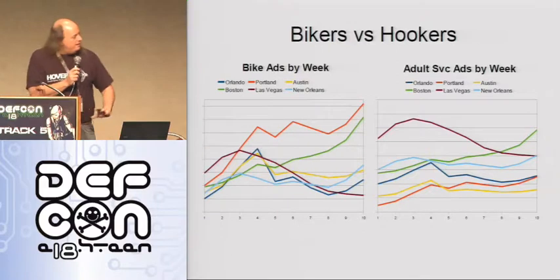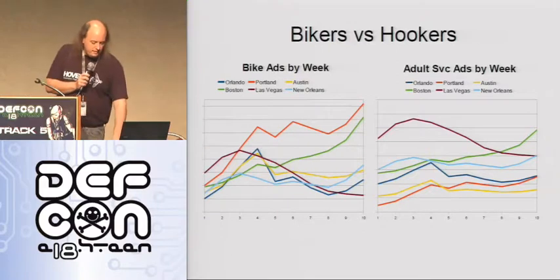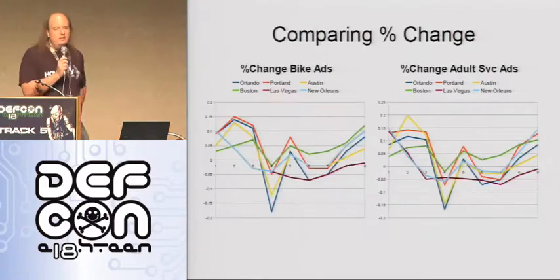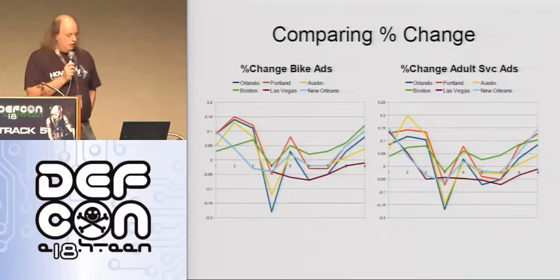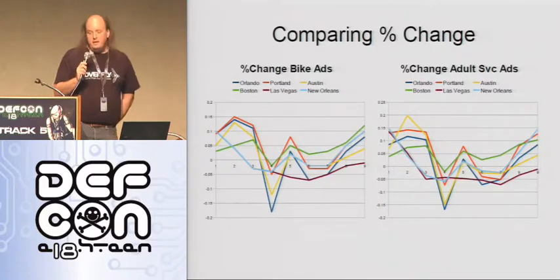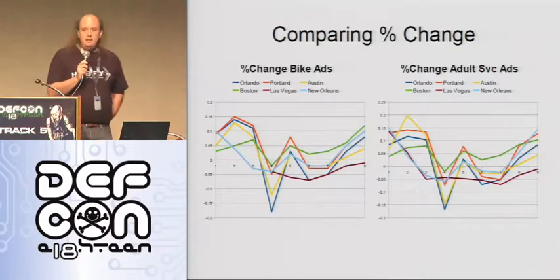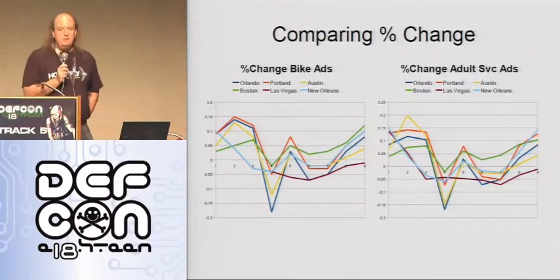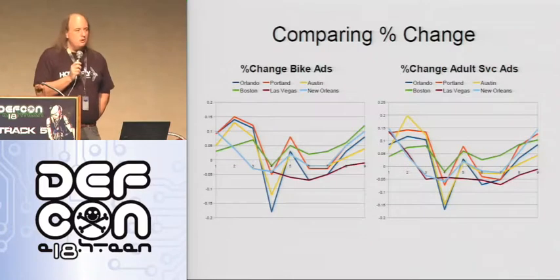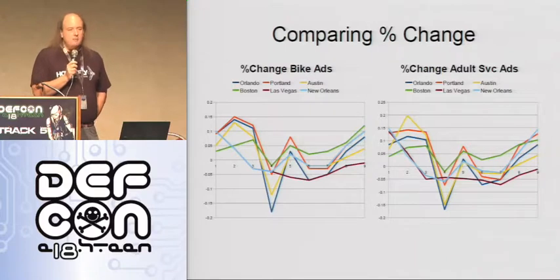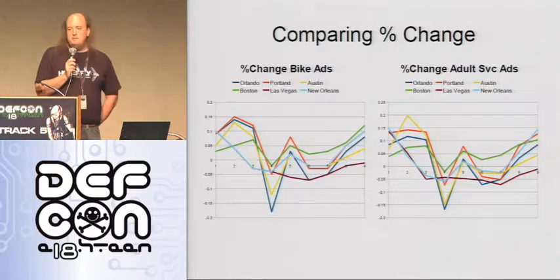So anyway, when you first look at it, it doesn't seem to be any real significant trends. But if you look at the percentage change from week to week in the number of postings on both of these, they're really damn close. You can pretty much be sure that when you look at any of these cities, if the number of bikes being offered for sale goes up 10% from one week to the other, the number of ads for adult services is going to go up 10% as well.